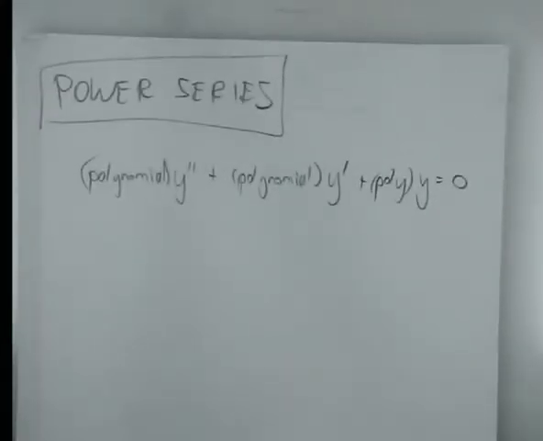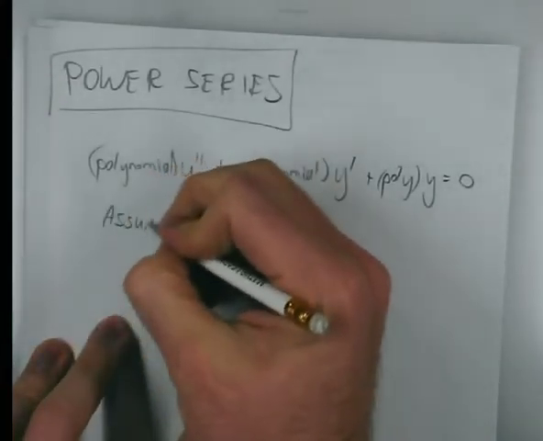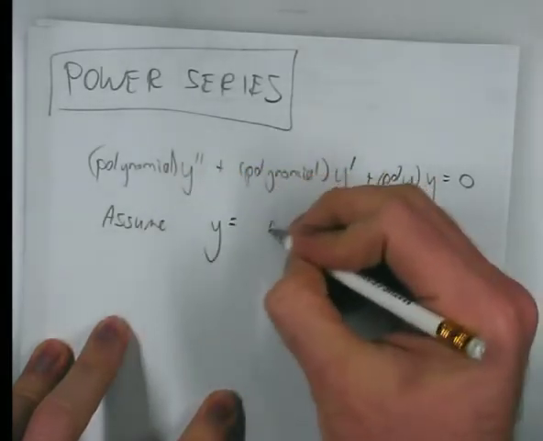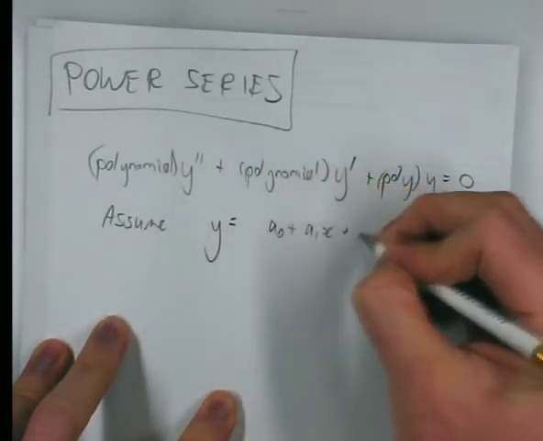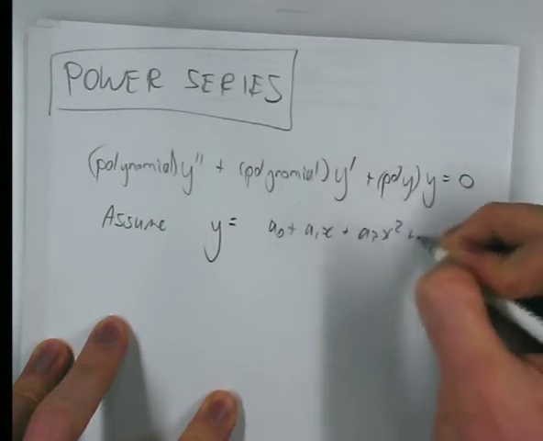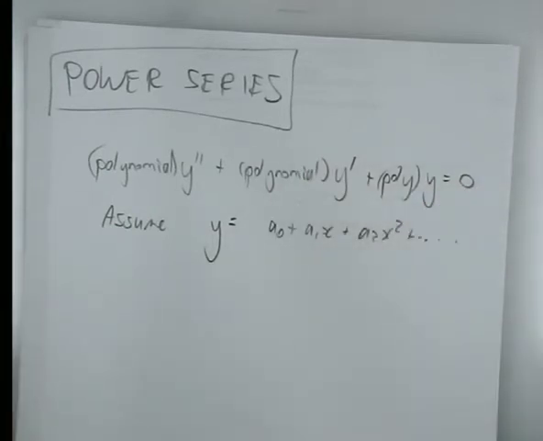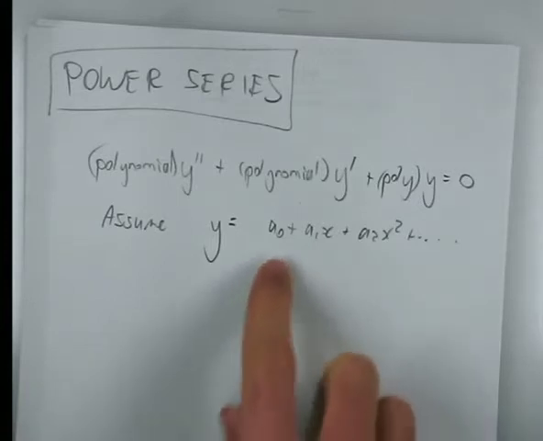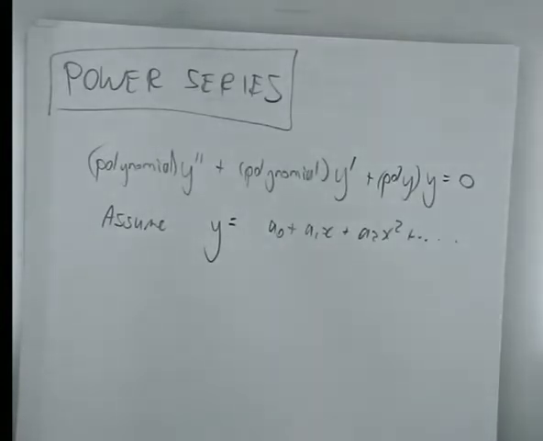This is just my understanding of how this works. We're going to assume y is a0 plus a1x plus a2x squared plus forever, which is polynomial-ish, which means if I multiply it by x, it'll still be an infinite series, and if I multiply it by x squared, it'll still be an infinite series. So you'll be able to get a nice big infinite series that'll all collapse down into a single sum.